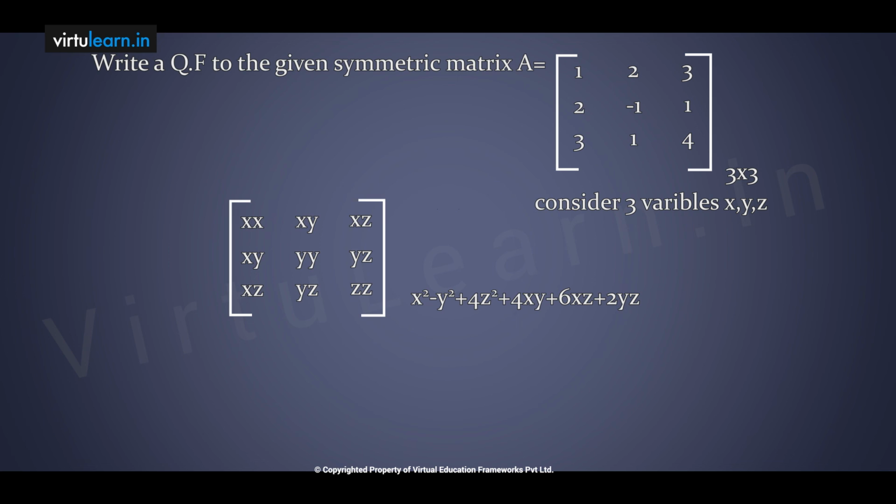The last, zz is already written, the coefficient of z square is 4, so 4z square. Therefore, this is the quadratic form: x square minus y square plus 4z square plus 4xy plus 6xz plus 2yz. Similarly, if they give a quadratic form, we can calculate the real symmetric matrix, and otherwise from a real symmetric matrix we can construct the quadratic form.